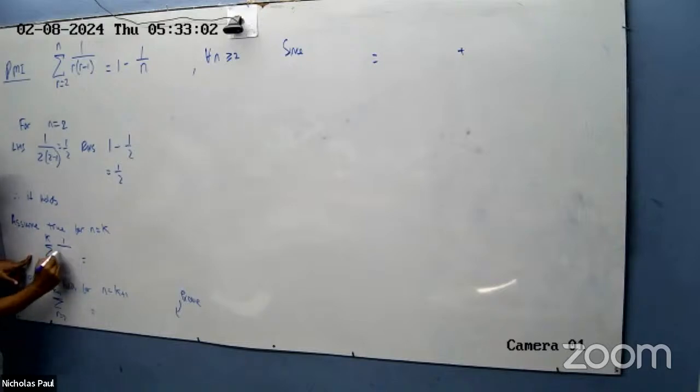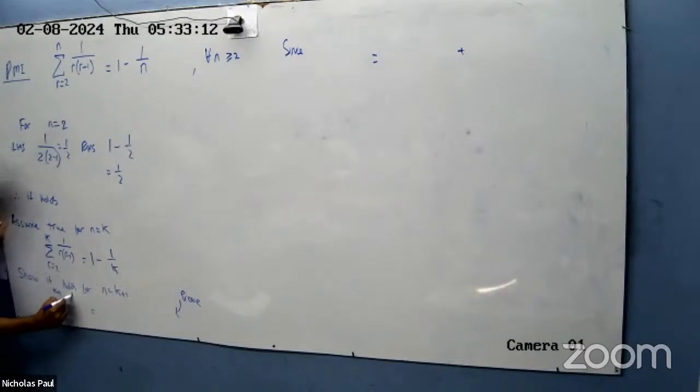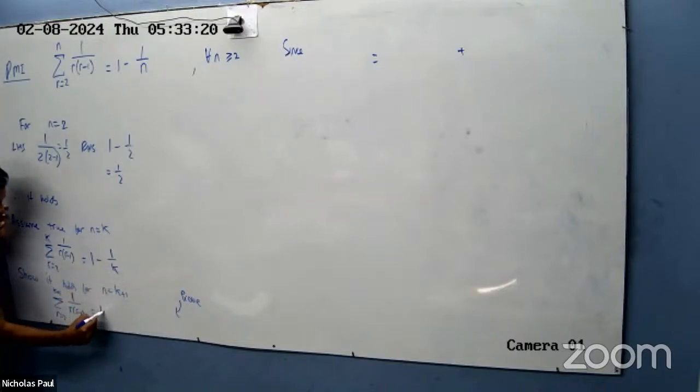So 1 over r(r minus 1) summed is equal to 1 minus 1 on k. Here you're plugging k plus 1 here, and you're plugging k plus 1 here. So it's 1 minus 1 over k plus 1.